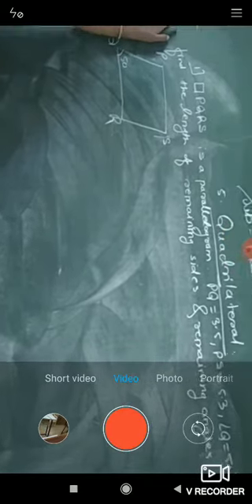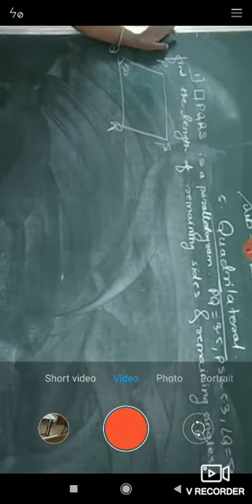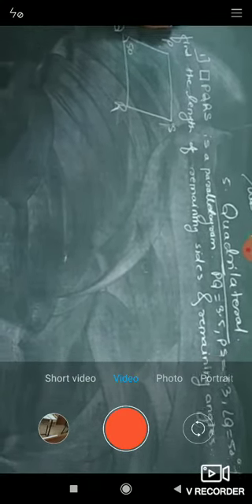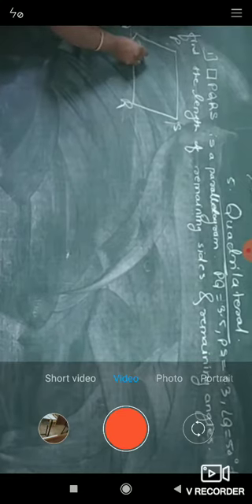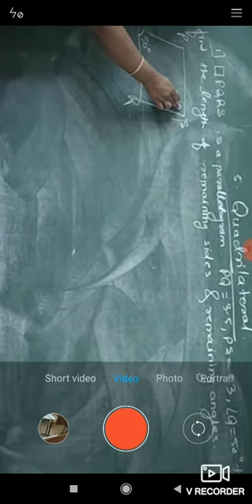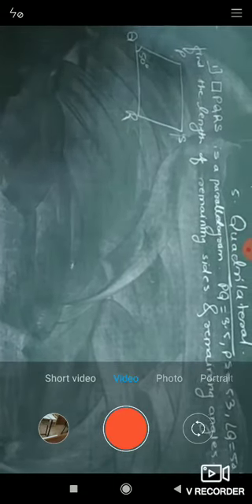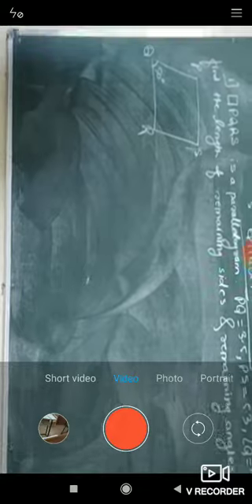Now we see the properties. Opposite angles are congruent to each other. We will solve it orally at first, and then we will solve it as in the exam. So which is Q's opposite angle? So what is the measure of angle S? 50 degrees. Angle Q is equal to angle S is equal to 50. Reason is that opposite angles are congruent.